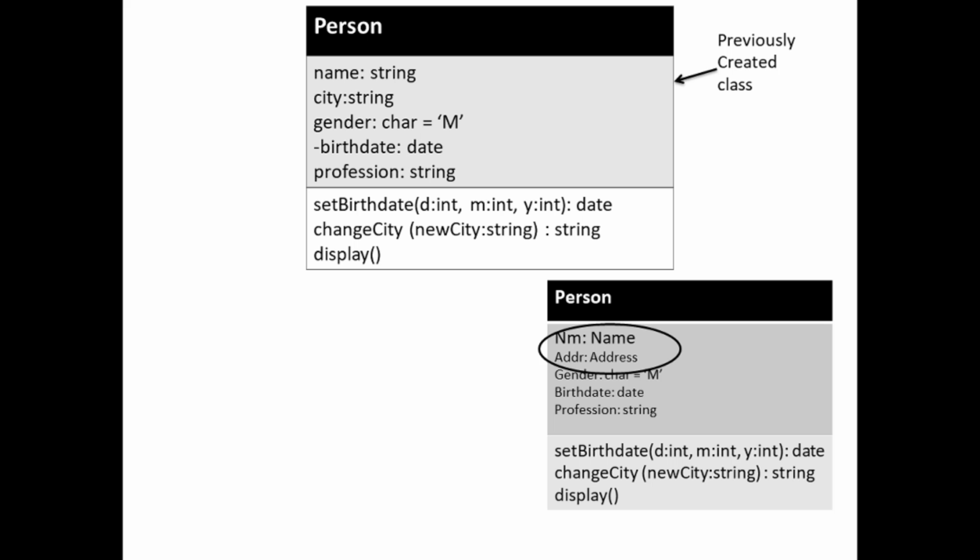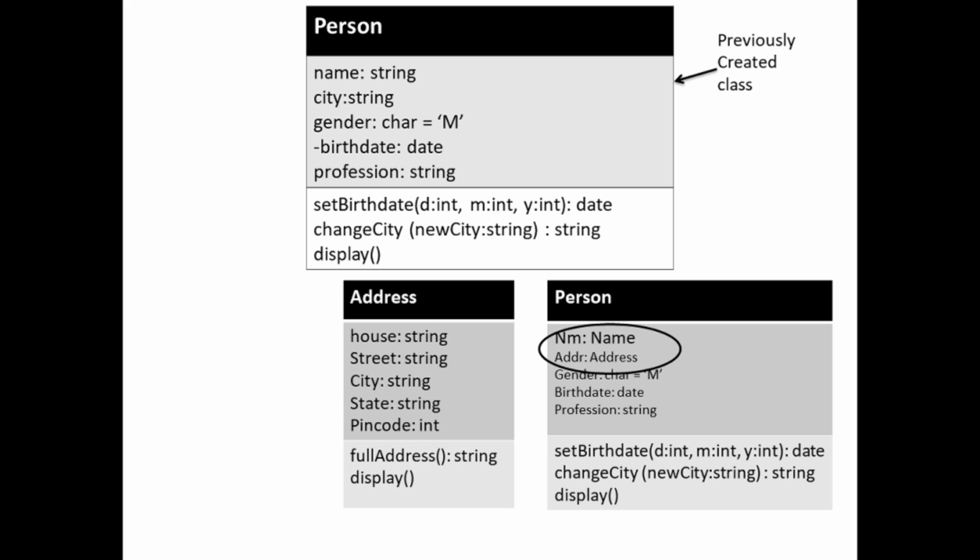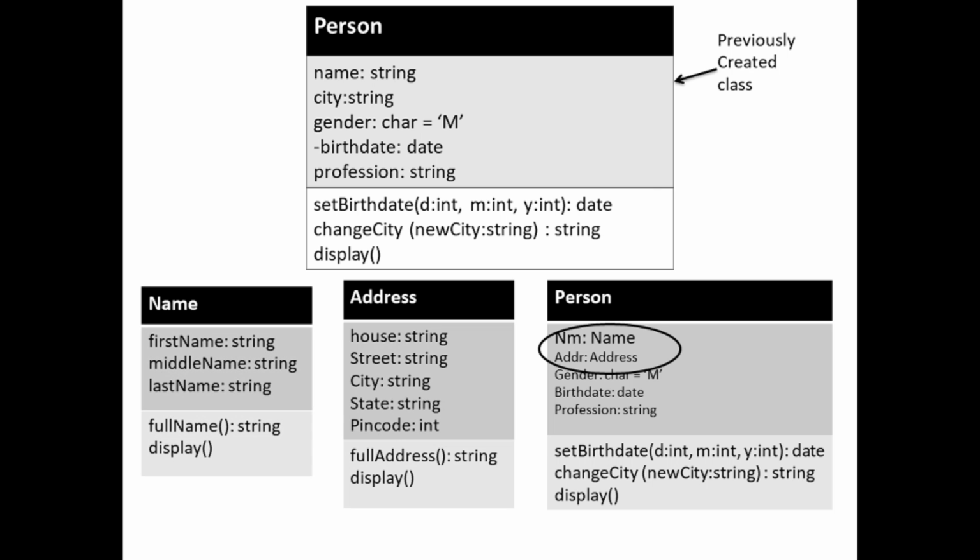Actually, in Java no such data type is available, but we can create another class, that is address. We can create a class that is name. In the name class you can see first name, middle name and last name. 3 attributes of string type are given, and that is used in the person class as a data type.